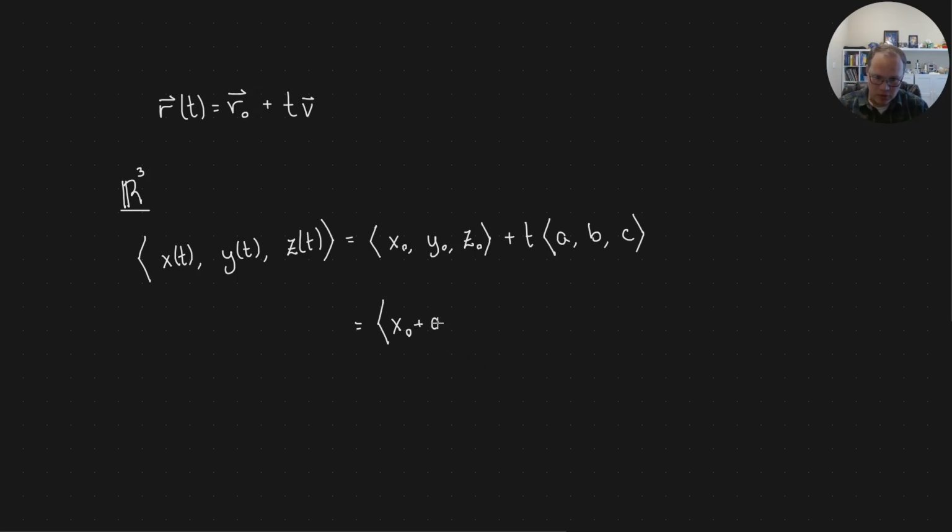Actually, let me flip those around: a times t, because a is not a vector, so we usually write the variable second when you have a scalar times a variable. y naught plus b times t, and the last component is z naught plus c times t. And that's all equal to x(t), y(t), z(t).